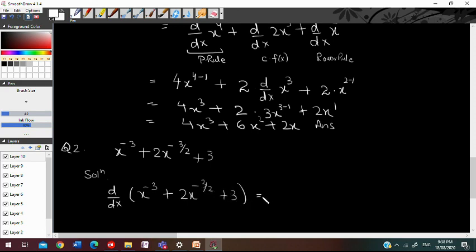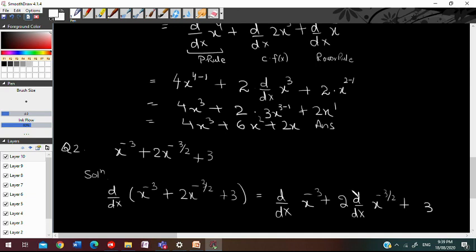So what will be the first step? You just apply the derivative d by dx to all the terms. So x minus 3 plus 2, directly you can write here. 2 is a constant, so bring it before this derivative. So d by dx of x minus 3 by 2 plus 3.